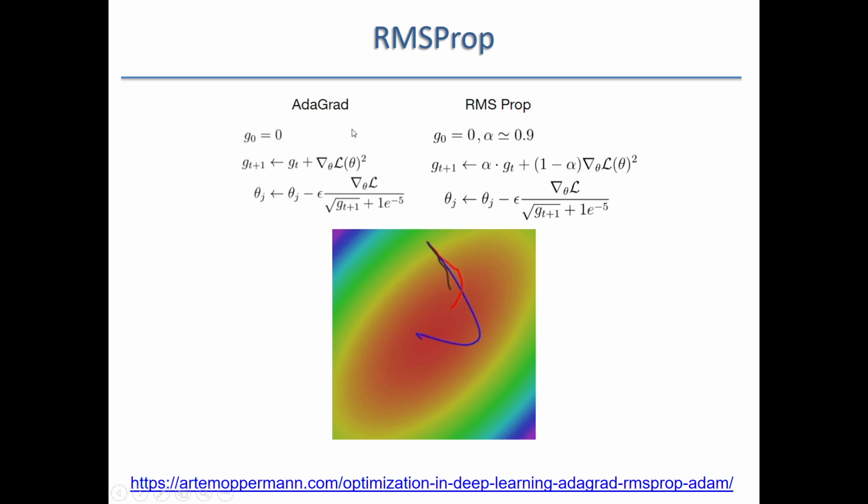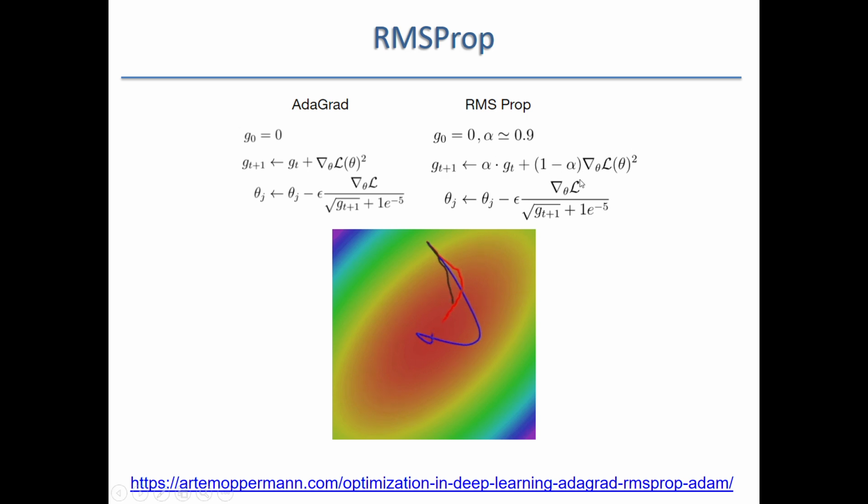So we can combine the idea of momentum with the idea of adaptive learning rates. So here this is the standard Adagrad, and now the update of the weights is similar to the Adagrad, but now the current sum of the gradients is smoothed.